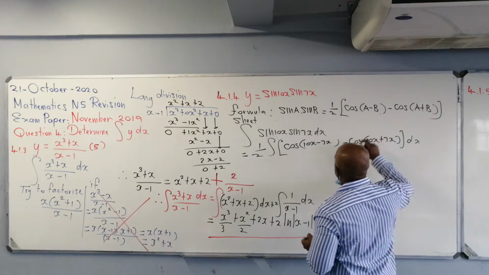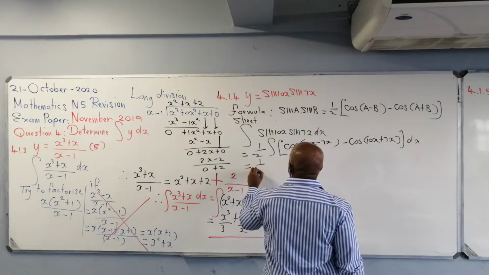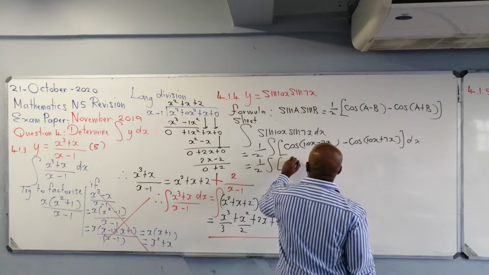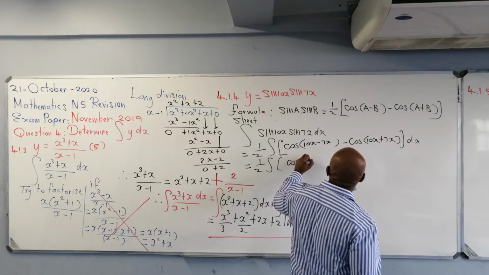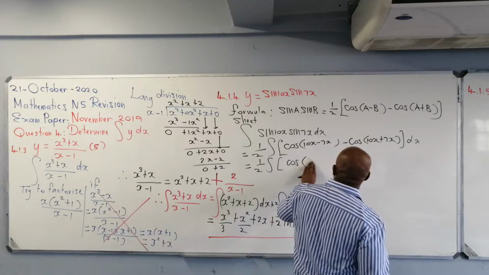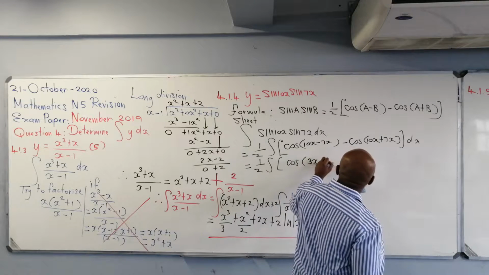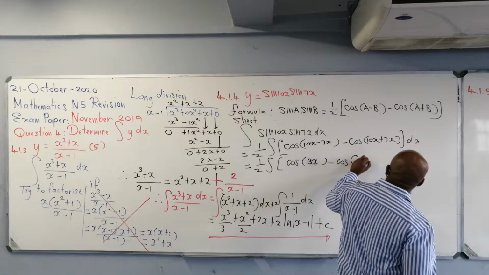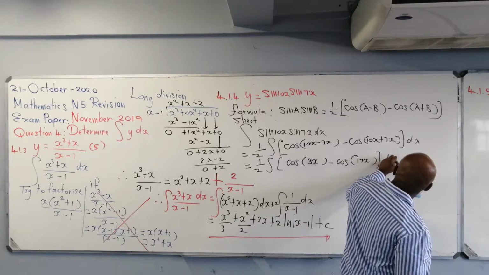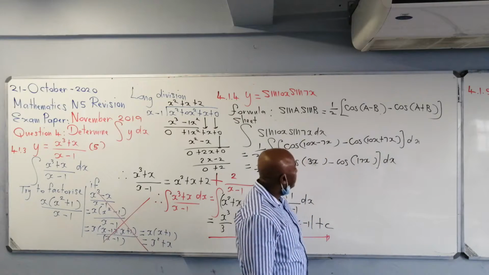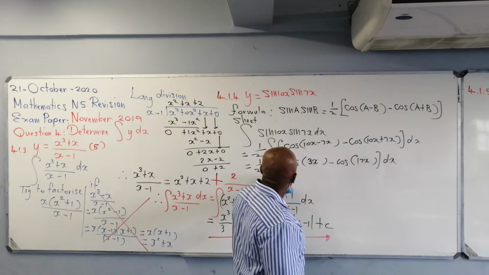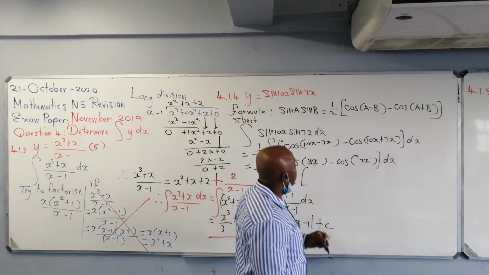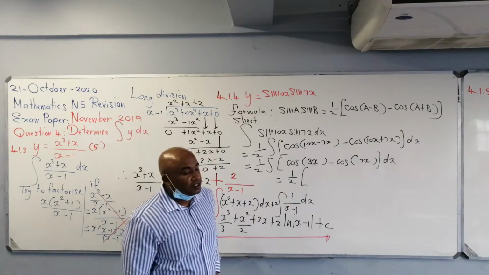Okay, all you do is copy down the formula, substitute. Let's see what we have. 10 minus 7, that will be 3x, and then 10 plus 7x, 17. So you separate them, there are two terms now, and now all we do is integrate.